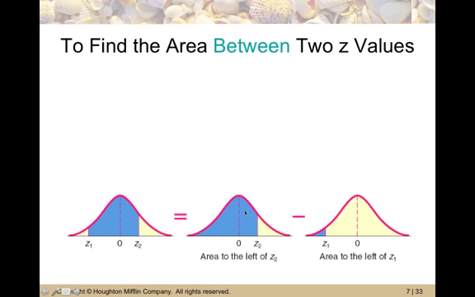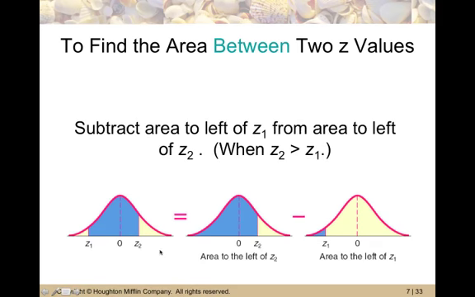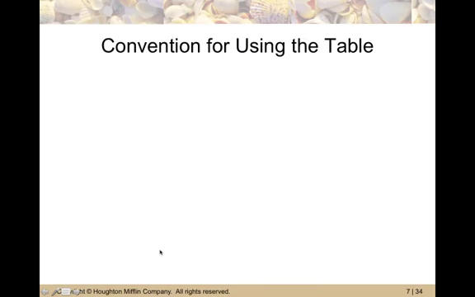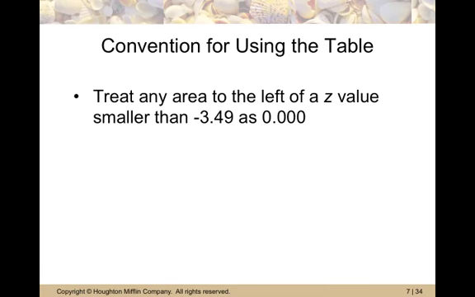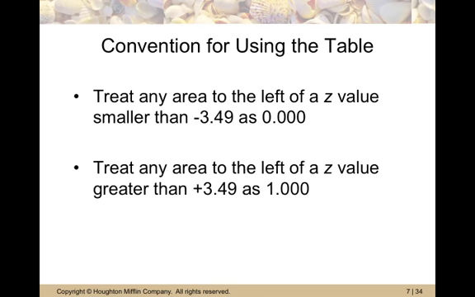So what you do is you take the area to the left of z2 and you subtract off the area to the left of z1, and that leaves you with just the area between z1 and z2. We're going to treat any area to the left of a z-value smaller than negative 3.49 as 0. And the area to the left of a z-value greater than 3.49 is 1.